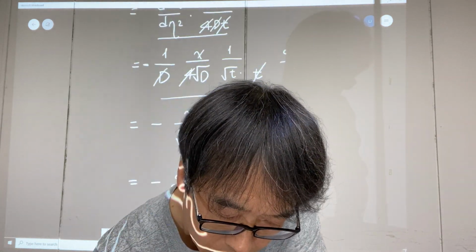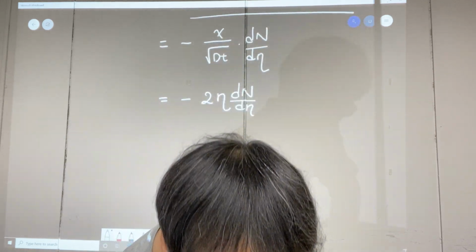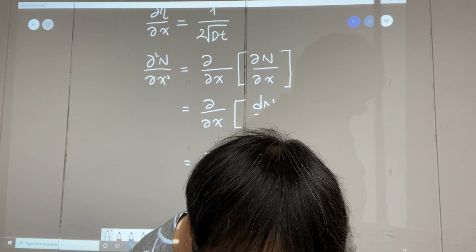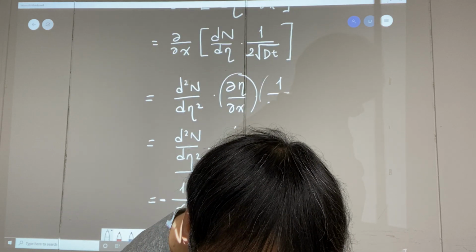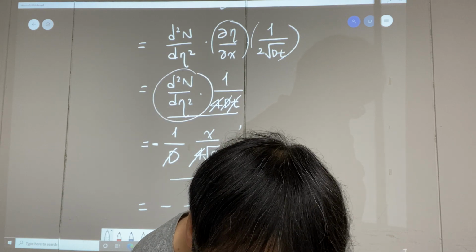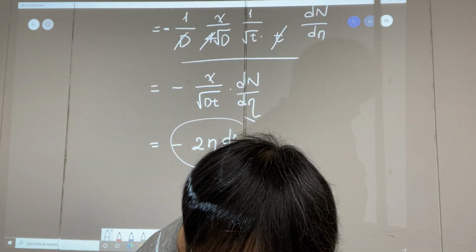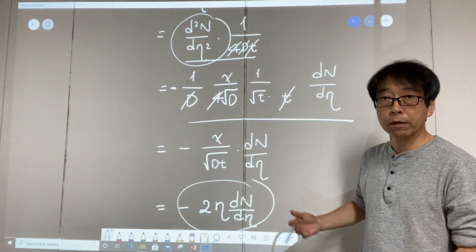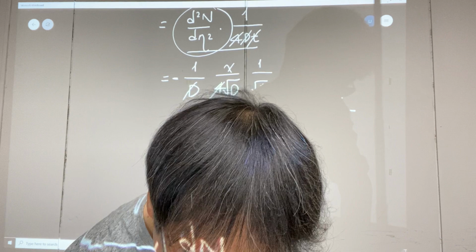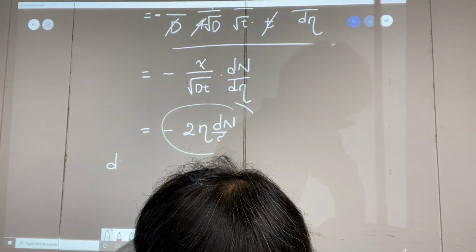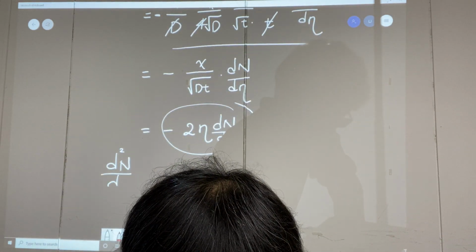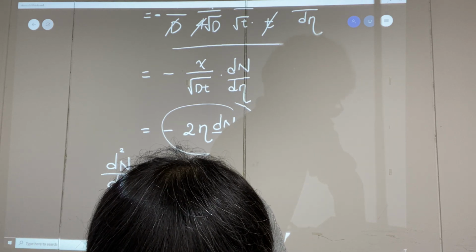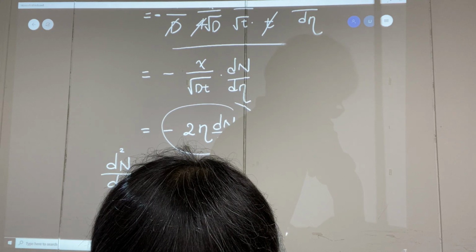Finally we have arrived at, this part, right? An ordinary differential equation, not a partial differential equation. So if I rewrite this, d squared n d eta squared equals minus 2 eta dn d eta.